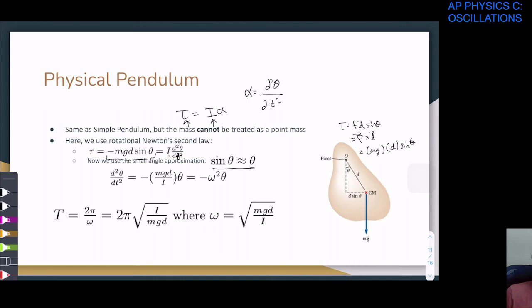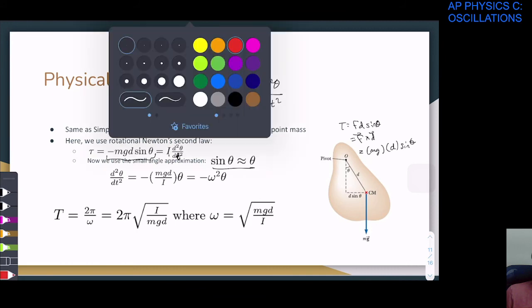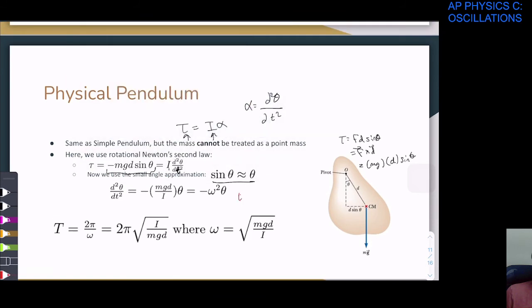We get d squared theta dt squared is equal to minus this mess over here divided by I. But instead of writing sine theta, we use the small angle approximation, and we replace that with just theta. And this is the same thing as minus omega squared theta, where we define omega to be the square root of mgd over I.